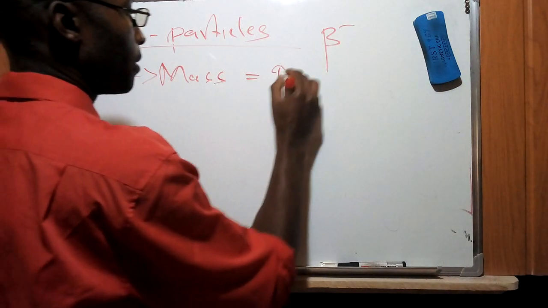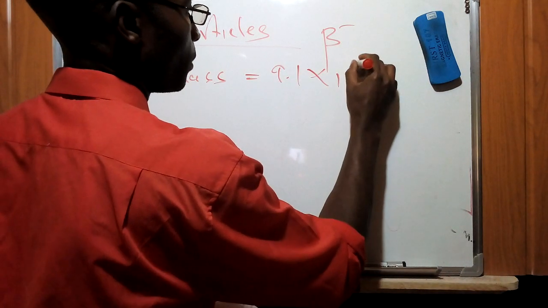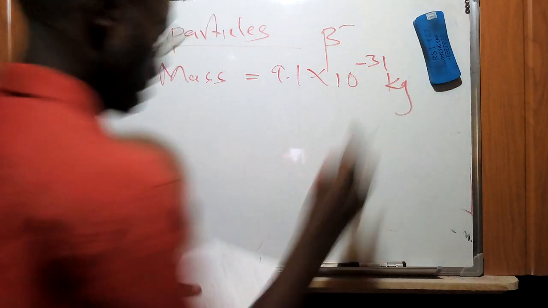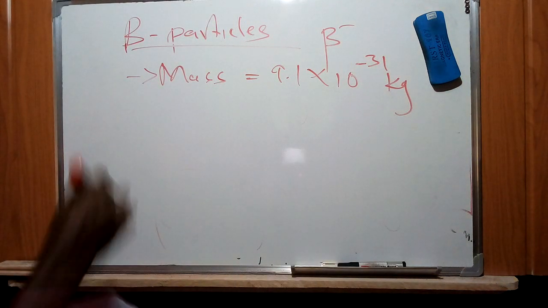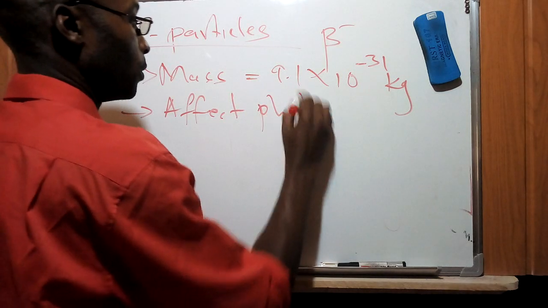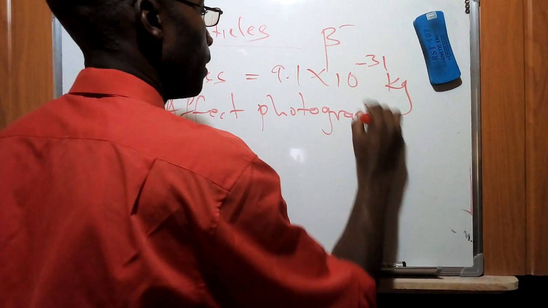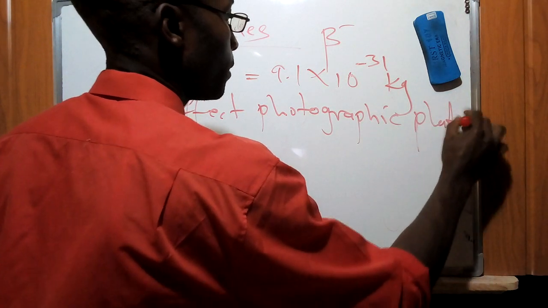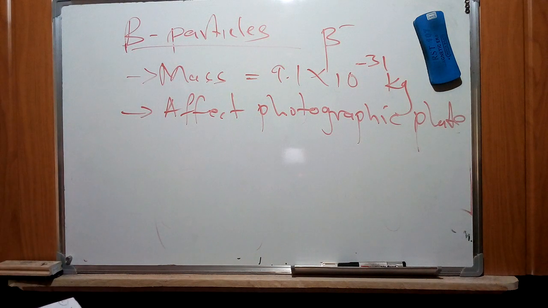So their mass is equivalent to that of an electron. And then they affect photographic plates. And of course, they produce fluorescence, as we have mentioned for the gamma rays.